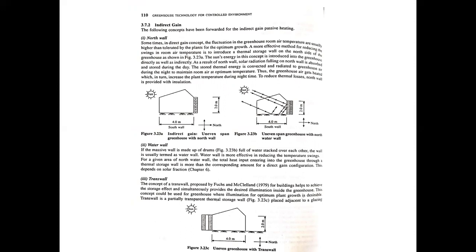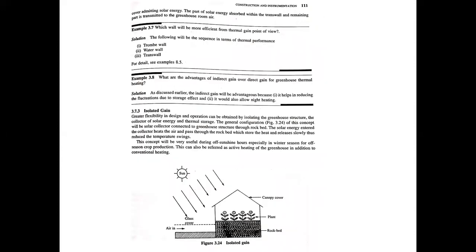This thermal storage wall is built along the greenhouse, and can absorb the solar heating, likewise the water wall and north wall, which is converted at night time or during the low heat times. During the low heat times it is transferred or converted into solar radiation, and the warm ventilation is maintained inside the greenhouse.